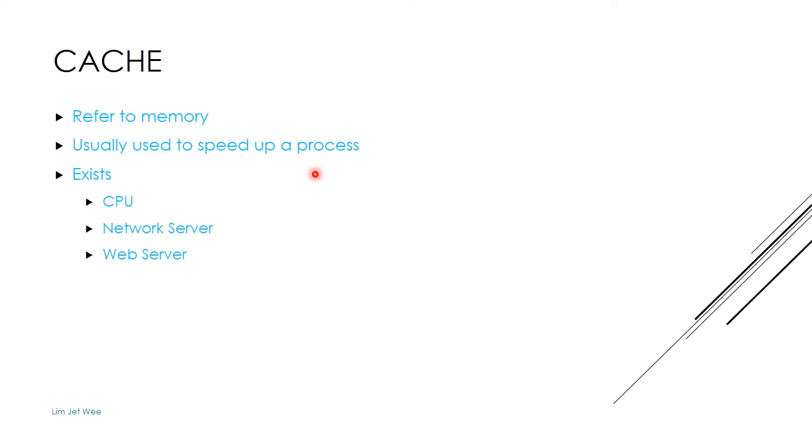Cache does exist in your CPU, in your PC, laptop, and so forth. It also exists in servers, for instance your network servers, web servers, or DNS servers, domain name servers. So it is used in a lot of places.